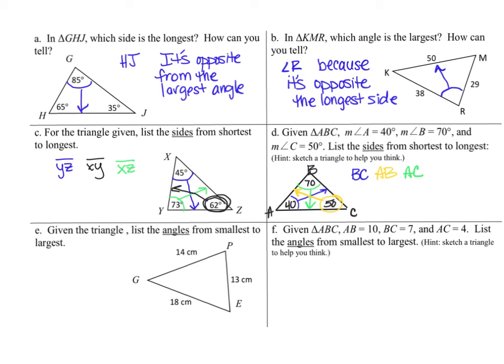For letter E, we're going to list the angles from smallest to largest. So remember, even though I don't know what the angles are, the smallest angle is going to be opposite the smallest side. Because 13 is the smallest side, opposite of 13 is angle G. So angle G is going to be the smallest angle.